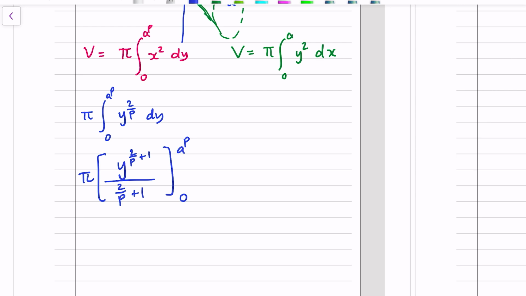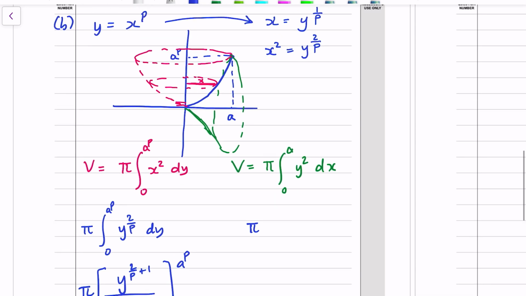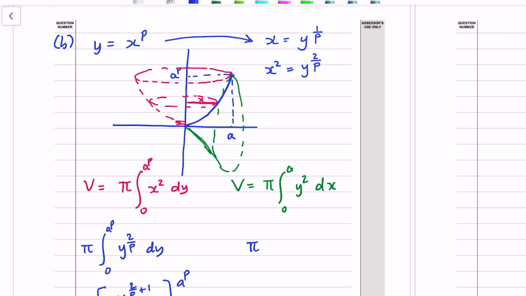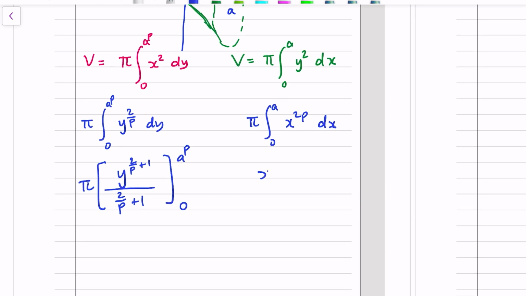Okay, the right hand side one, pi y squared dx. So we just take the original expression for y, which is equal to x to the p, power it by 2, so x to the 2p. x to the 2p plus 1 divided by 2p plus 1, between a and 0.